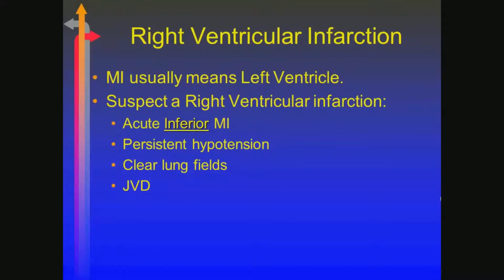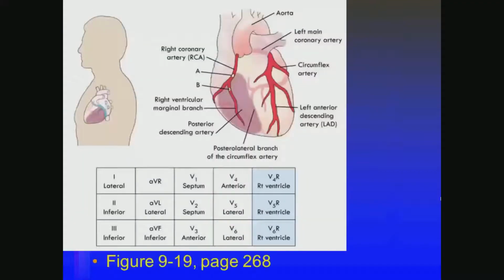You can have a right ventricular infarction. We said with an inferior, you should always think that. You end up having persistent hypotension that doesn't respond to fluids. The lungs are fine because when the right ventricle doesn't function effectively, there's no pulmonary involvement, but it's all backing up into the circulation, so you end up with things like JVD and hepatomegaly and ascites and stuff like that.